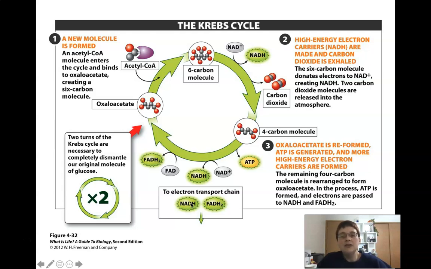FADH2 is just like NADH, it's just a different molecule, and so it's going to be an energy carrier too. These guys are going to move to the last step that we'll talk about in the next lecture.